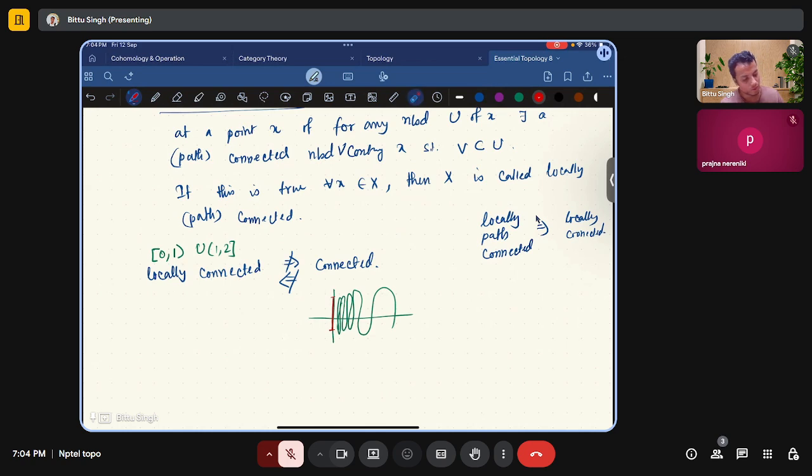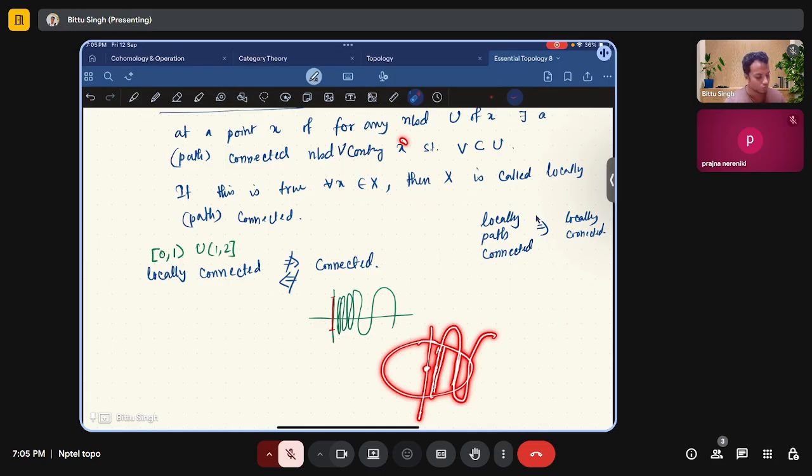You can choose the point, the origin. The neighborhood around this origin will look like a discrete kind of thing, something like this point and some strips, and those are disjoint.